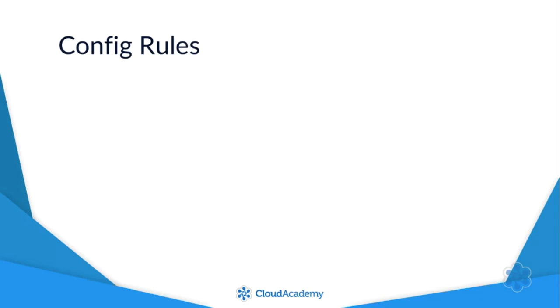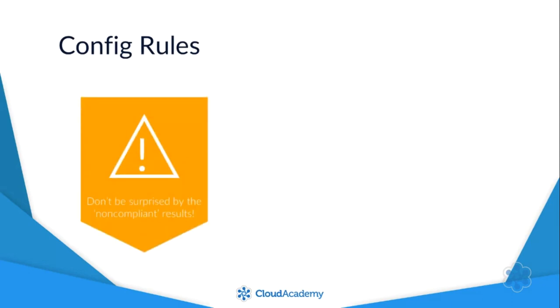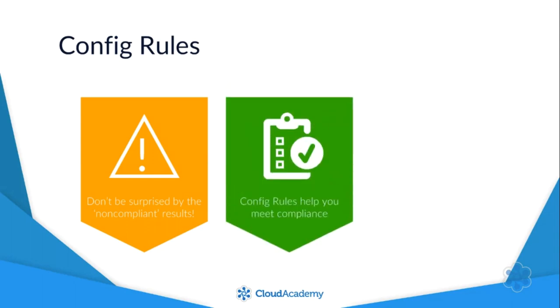When you first use AWS Config with a set of rules, whether they are predefined or custom, don't be surprised by the results that you find. It's likely that you will see more resources being flagged as non-compliant than you may have imagined. As I have already mentioned, these config rules are great as a security tool to help you mitigate potential security issues that may arise within your environment.